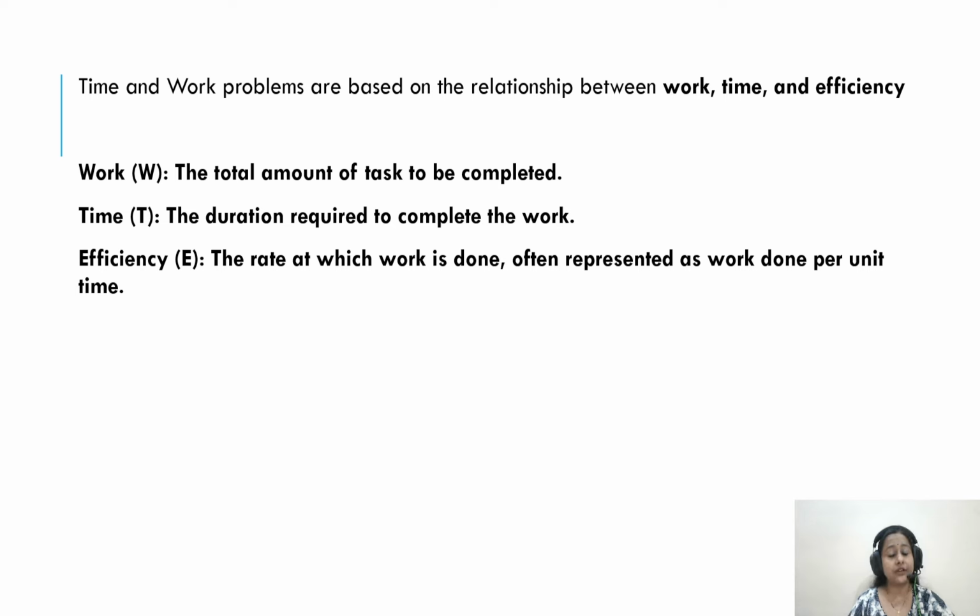Suppose, as I have given the example that I need to complete a whole work in 5 days, how much I will complete in 1 day, that will be my efficiency rate. So the portion of the whole work that will be completed by me in 1 day will be considered as my efficiency rate.